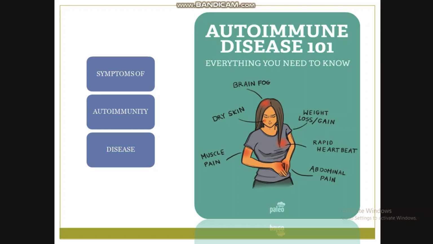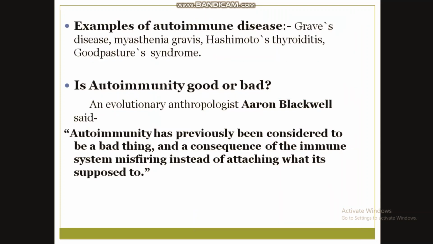Individual diseases can also have their own unique symptoms. Symptoms might come and go over time. After this, examples of autoimmune diseases: Graves' disease, myasthenia gravis, Hashimoto's thyroiditis, Goodpasture syndrome, and more.